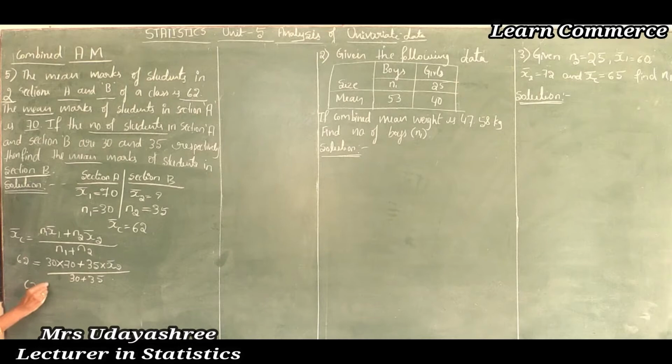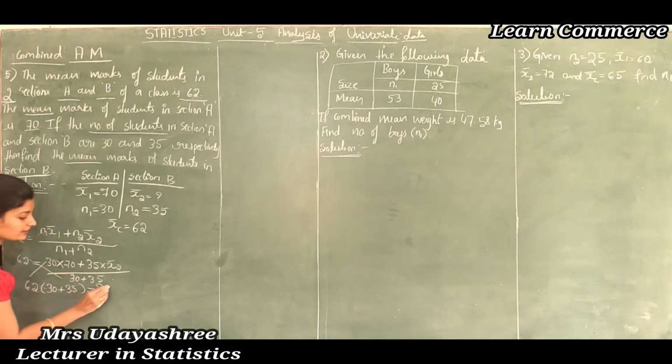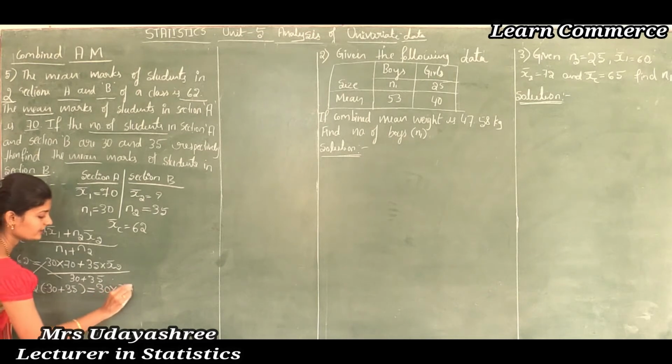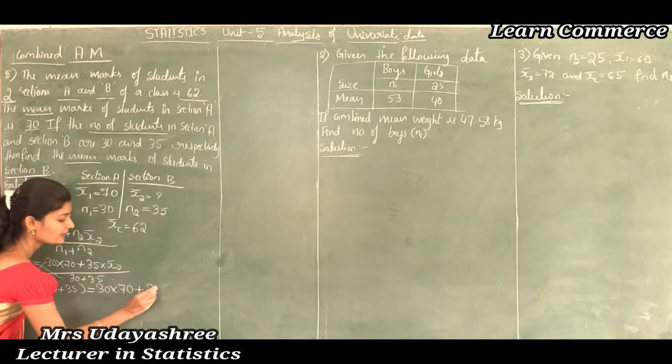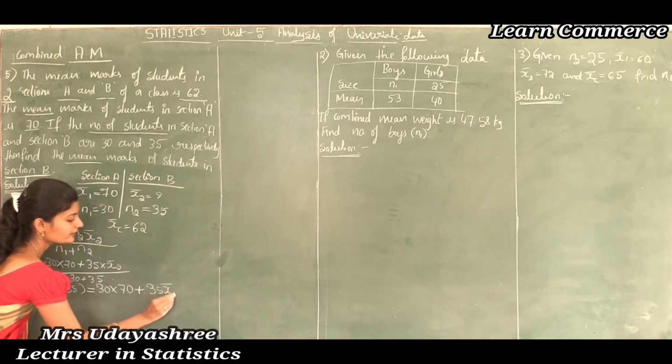So next, 62 is equal to 30. Okay, next I will do cross multiplication. That is 62 into 30 plus 35, which is equal to 30 into 70 plus 35 into x bar 2, that is 35 x bar 2.